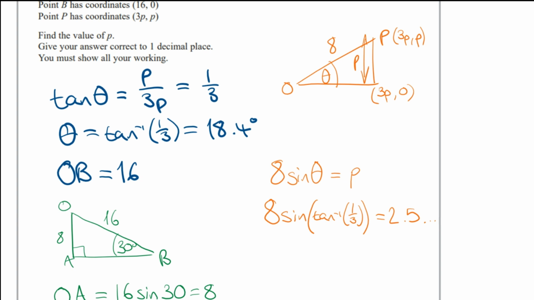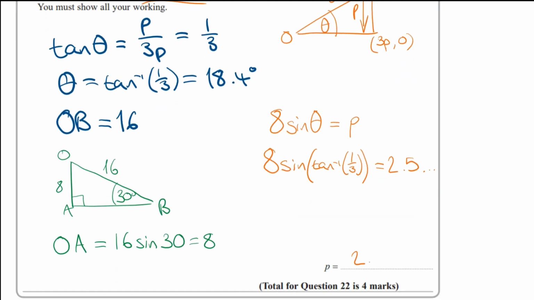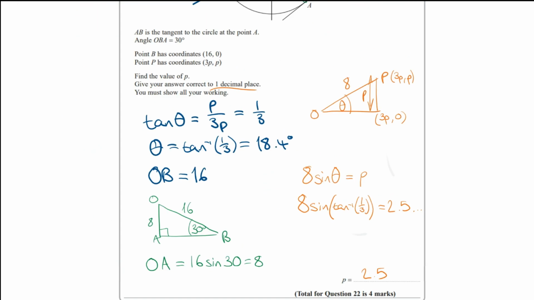We need to give our answer correct to 1 decimal place, so it's just 2.5 is the value of p. And there we have it.